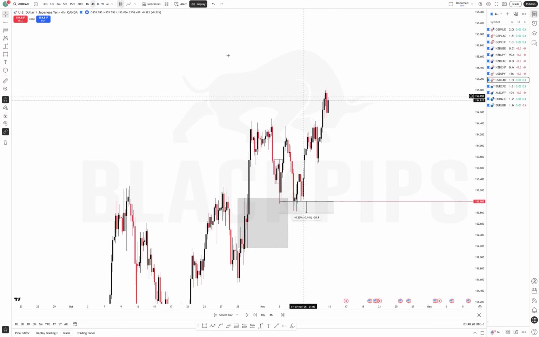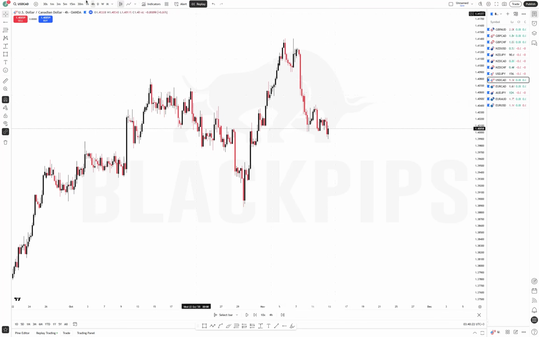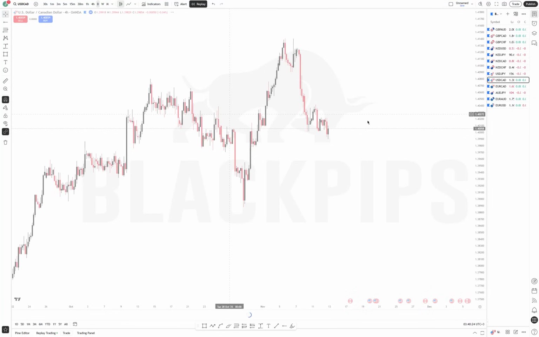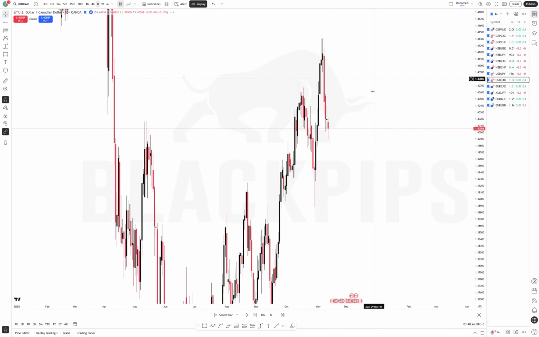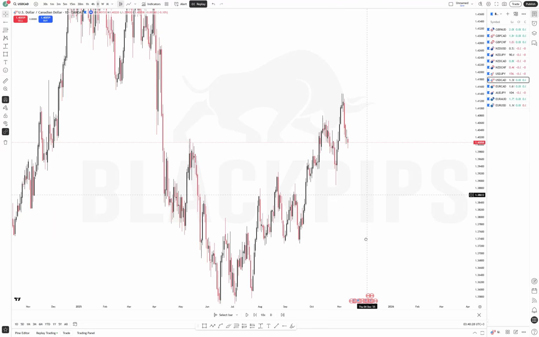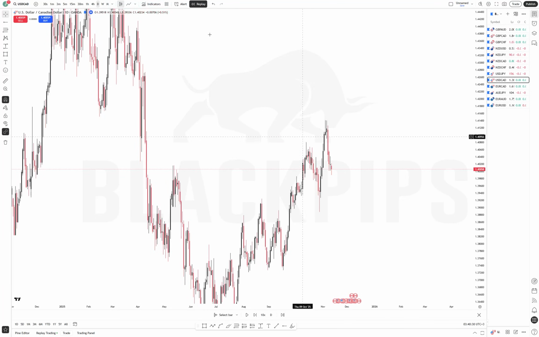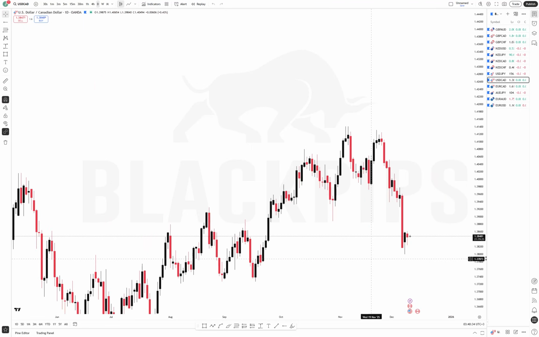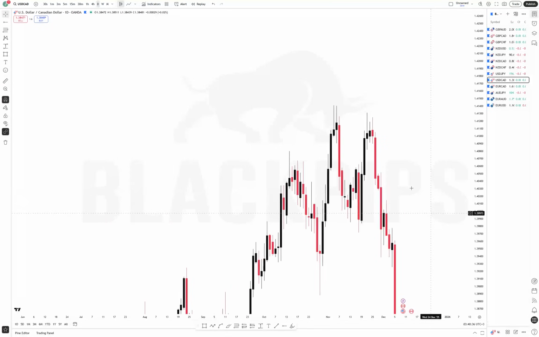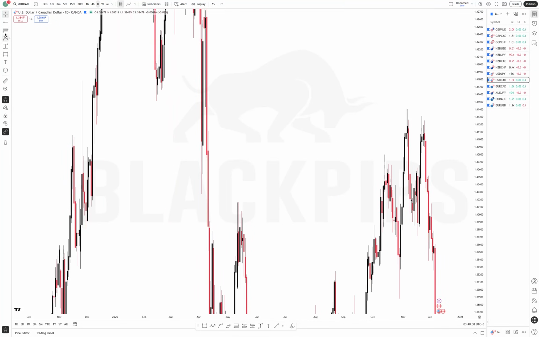Another pair was the USD CAD trade that we also took by using the daily time frame, and it is in this current move here. What you can see here, guys, is that the price came, reacted to this area of liquidity here.